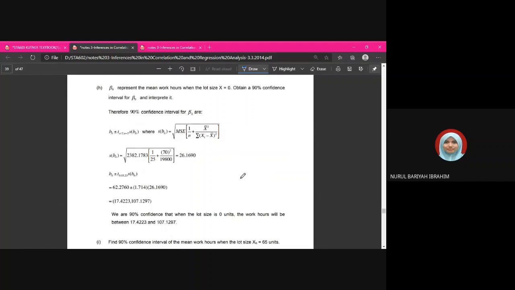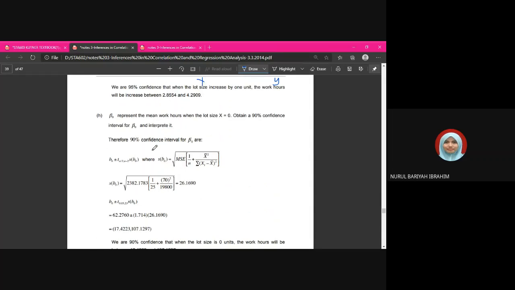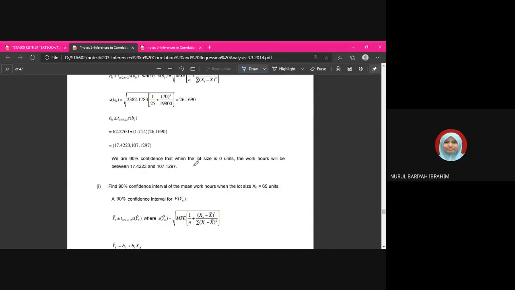Okay, let's say here nak cari confidence interval untuk beta naught pula, so we apply this formula. Once you get the value of the standard deviation for beta naught, then apply this formula. So apa yang boleh you interpret kat sini, we are 90% confident, sebab dia nak kat sini 90%. So we are 90% confident that when the lot size is 0, lot size ni adalah x, when x is 0, the mean of y will be between these two values.